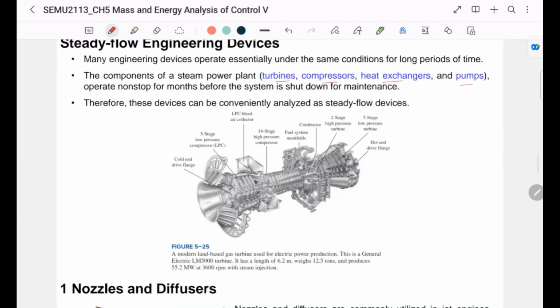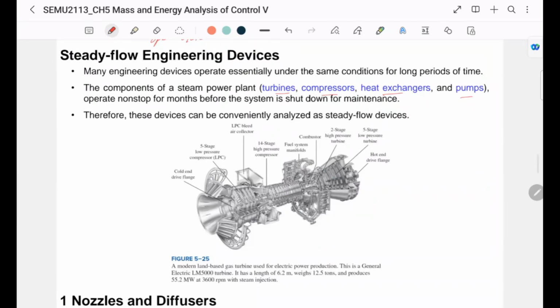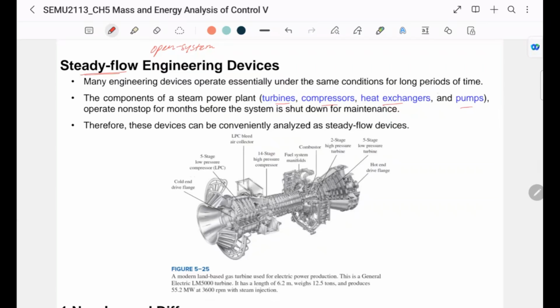Just remember, all these devices, all these systems, we analyze under steady flow, which means the change of mass in the control volume over time is always zero. So in a way, there's no mass accumulation in this kind of system when we analyze them.